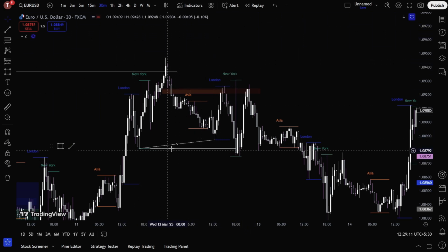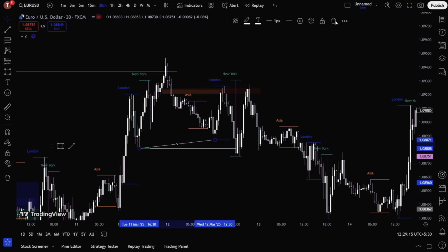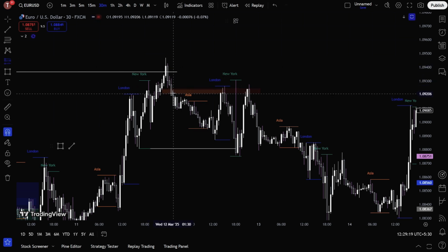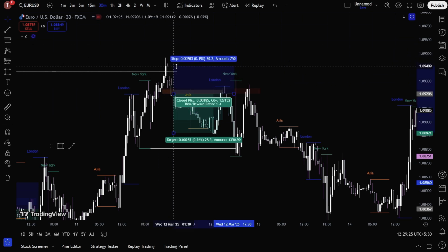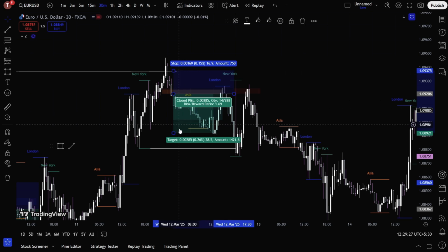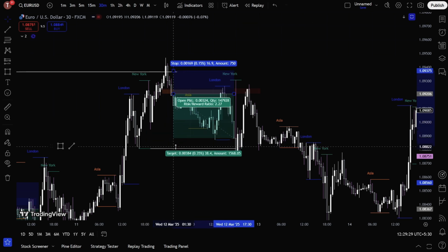So for me, this structure was equal lows. So I just targeted this particular structure, and my straight trade placement was this, and the candle which I took was this area and this TP.